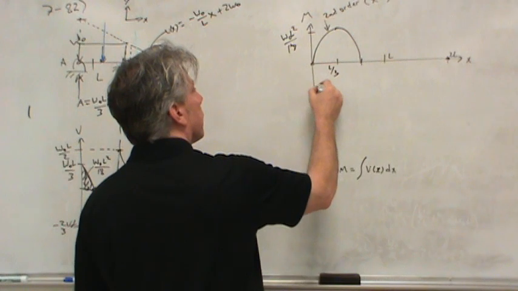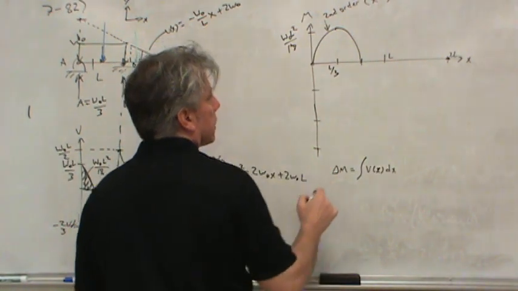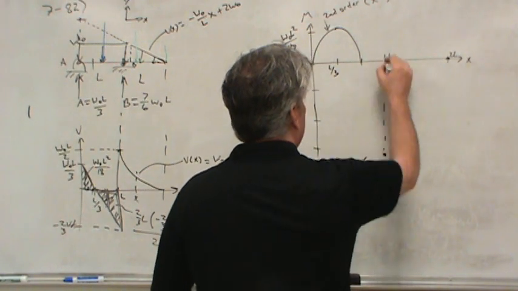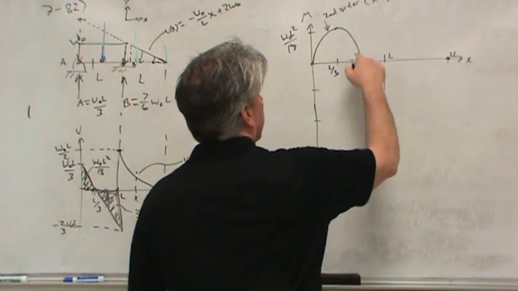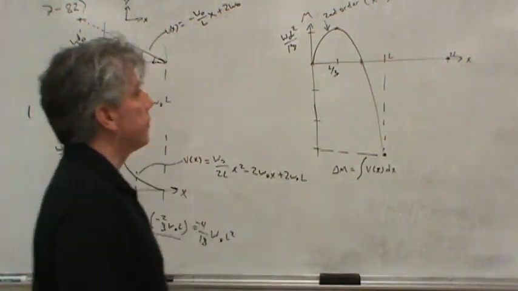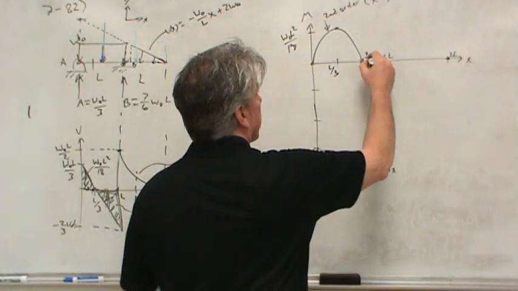Looks like we just barely made it, and we'll end up right there. So this should be a parabola. It just goes down to there. Passes through 0 at 2/3 L.